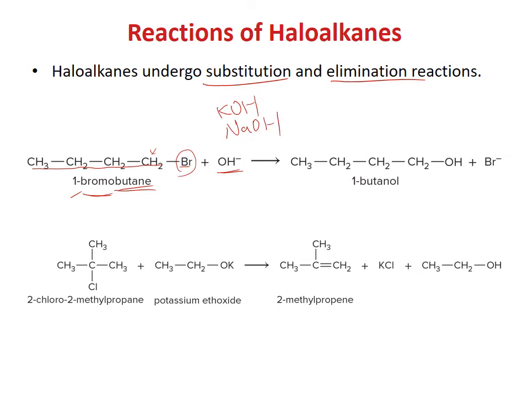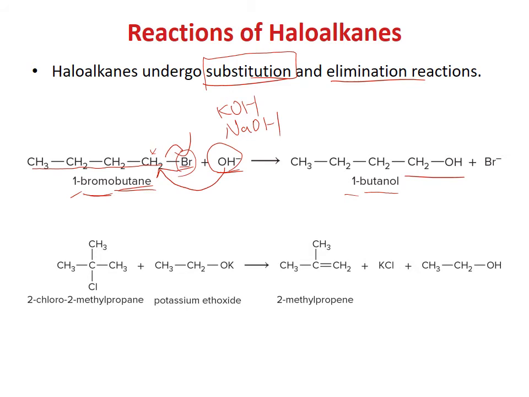And when these two reactants mix, hydroxide may substitute bromine to form alcohol. So it forms 1-butanol. So the reaction is a substitution reaction. Bromine is substituted by hydroxide.